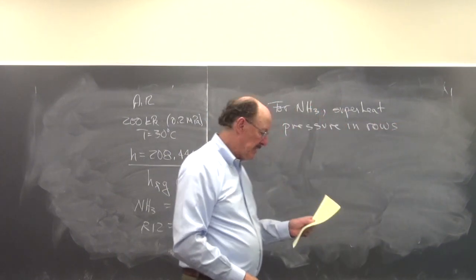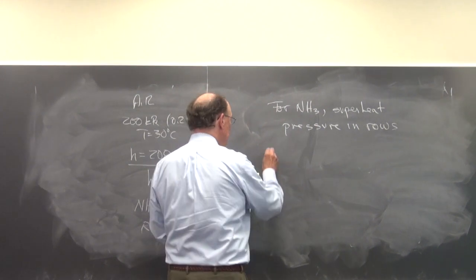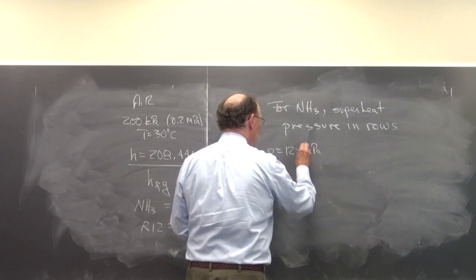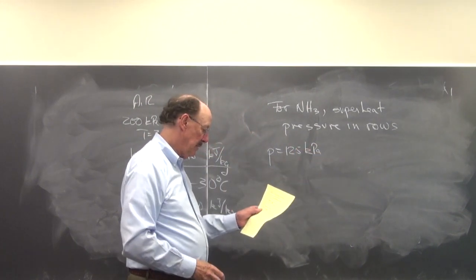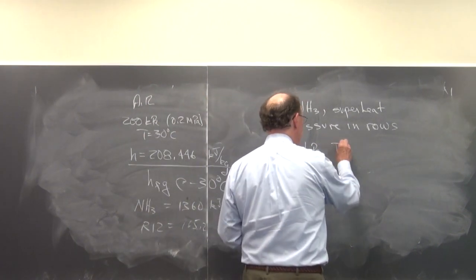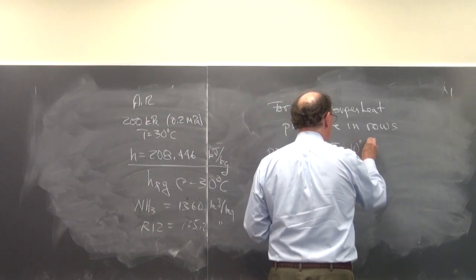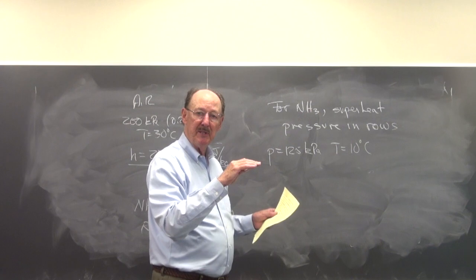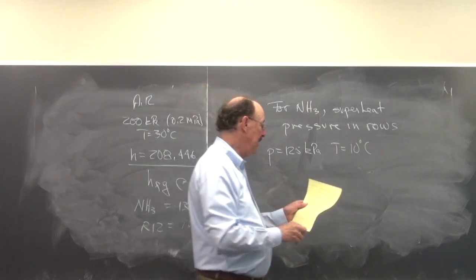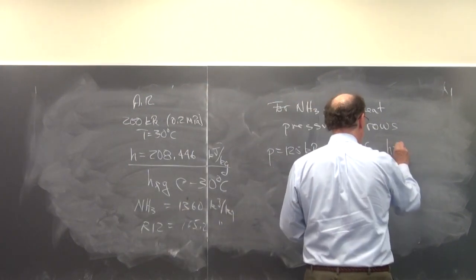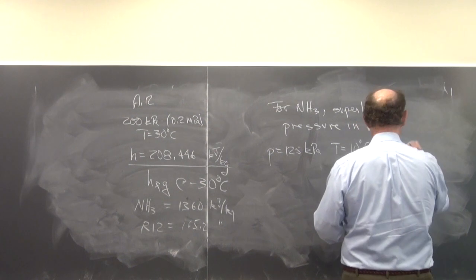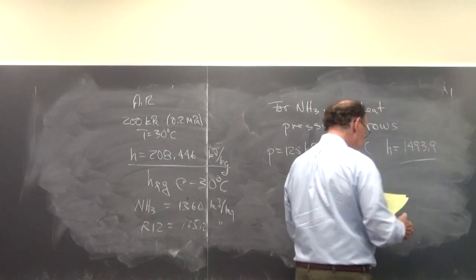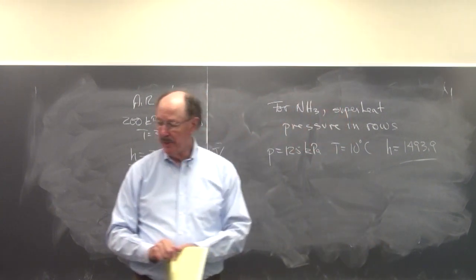So, for example, if I go in at P equals 125 kPa, and a temperature of 10 degrees C, so the temperature goes across the top, I find that the enthalpy is equal to 1493.9. So I can just look that up and find out what those values are.